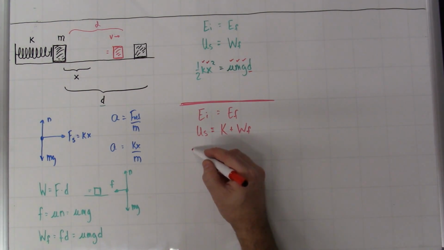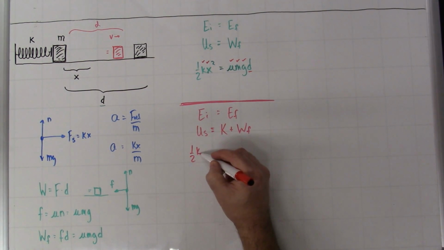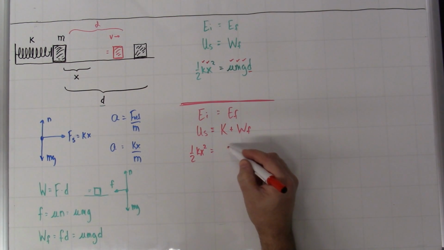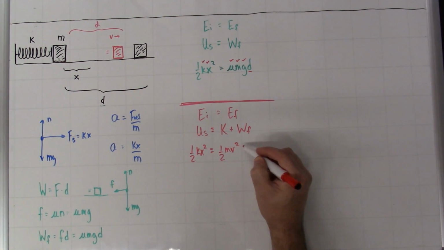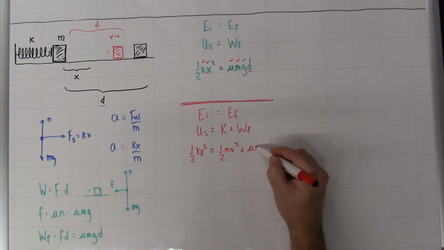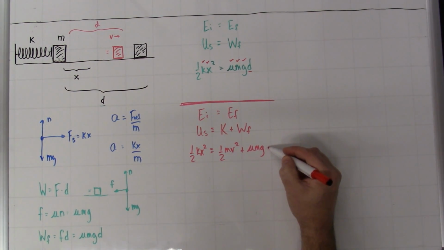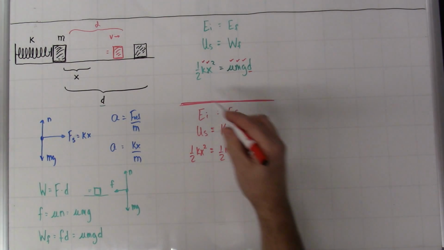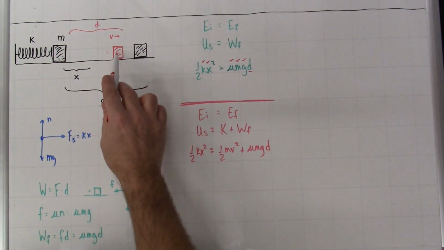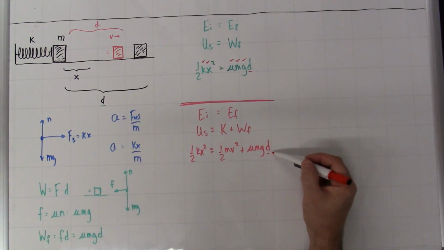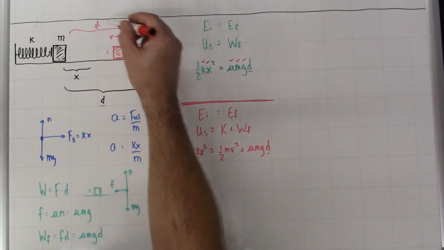So when we plug and chug this, we end up with 1/2 kx squared is equal to 1/2 mv squared plus mu mg, and this is this d here. Not the full d that we had before, but obviously it slid less if it's still moving. So this d here is this d right here.